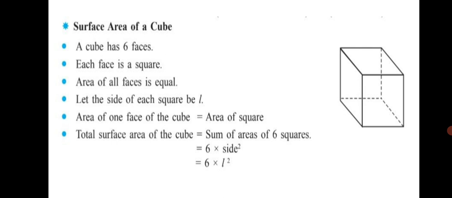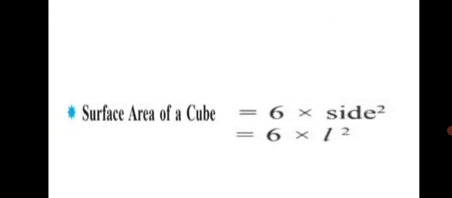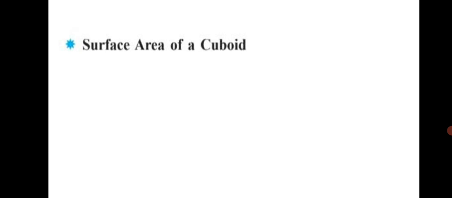One is surface area of cube, which is 6 into side square, 6 into L square, if L is representing the side. And other is surface area of a cuboid. So let's have a look once again at both the formulas. Surface area of a cuboid is equal to twice the length into breadth plus breadth into height plus length into height.